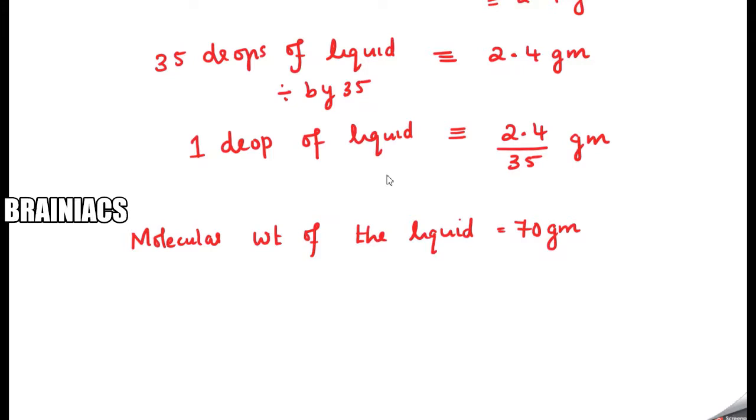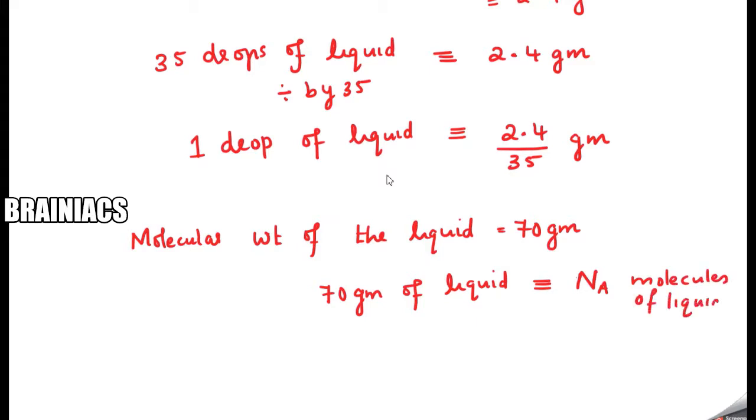The molecular weight of any compound will contain Avogadro number of molecules. So 70 gram of the liquid contains Avogadro molecules of liquid.